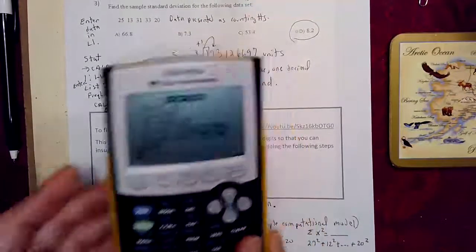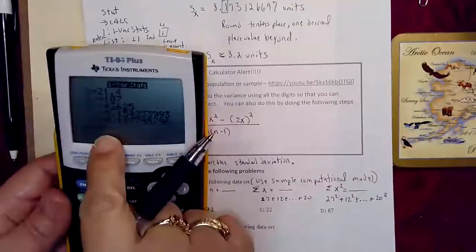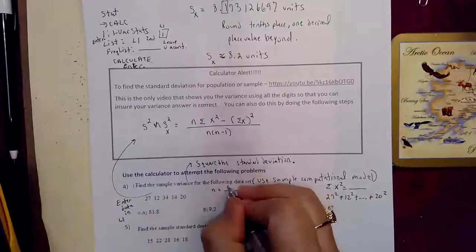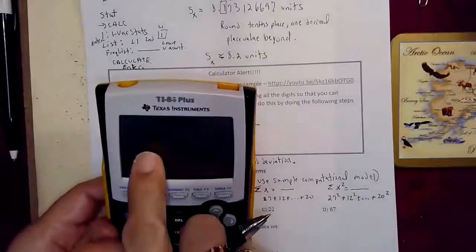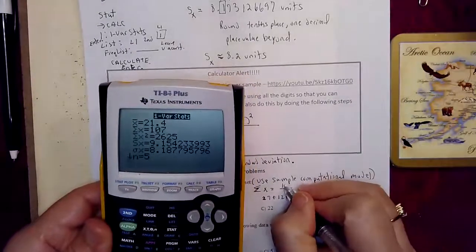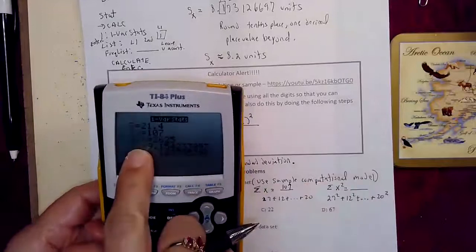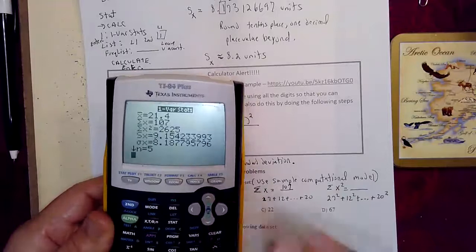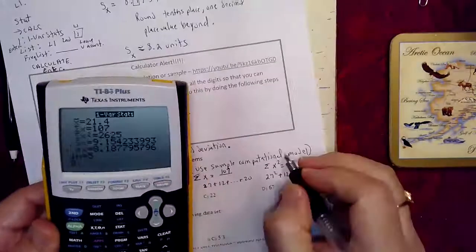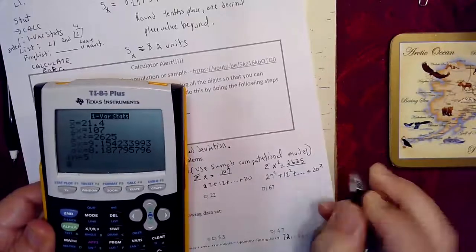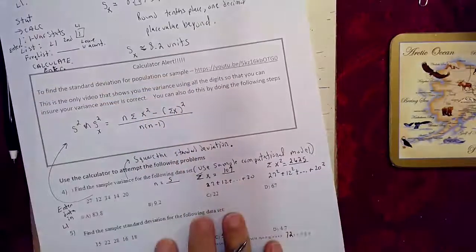Okay, and then you can see here n is 5. So we had 1, 2, 3, 4, 5. And you see here summation of x is 107. And you see here that summation of x squared is 2,625. So that will always be much larger than the summation of x, okay?